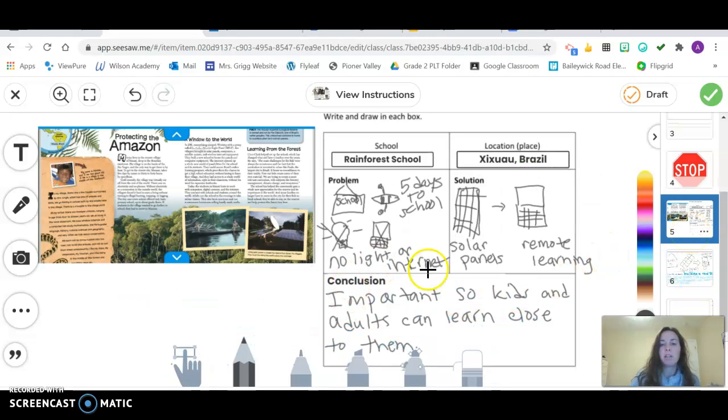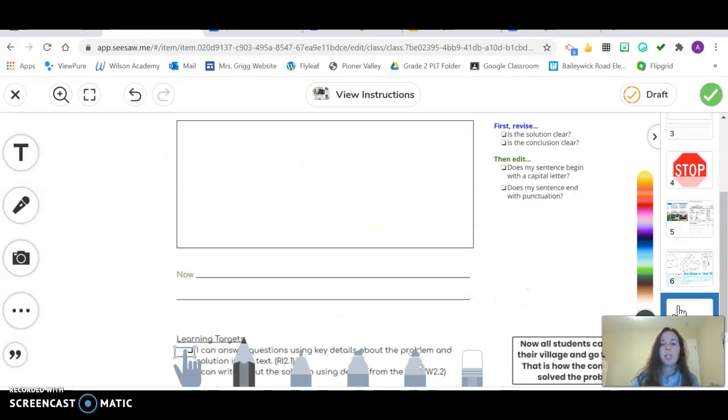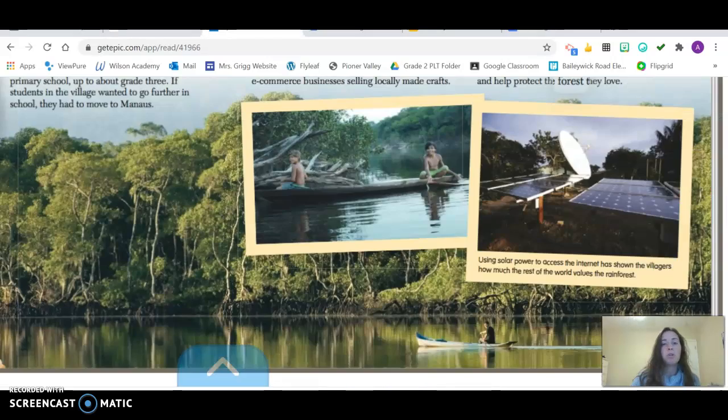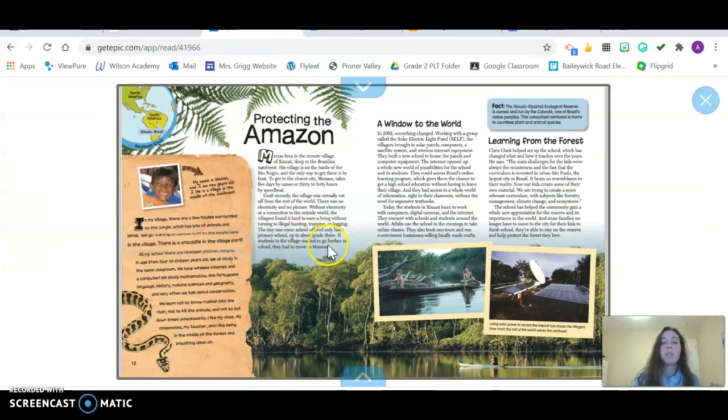Now I need to write my conclusion, or why these schools were important to the community of Xixual, Brazil. So for this part, now what changed is that all kids can go to school, and that's how their community solved the problem. Remember in this text before, all students couldn't go to school because it was 5 days away by boat.